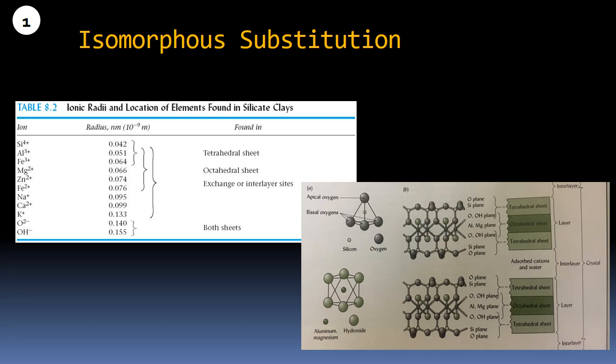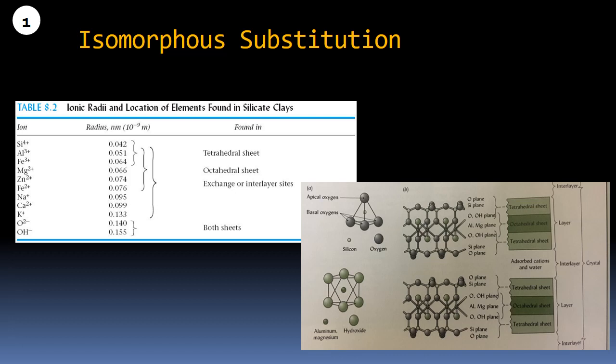Again, I'm emphasizing that if you look at the figure down here, it might happen at the tetrahedron and octahedron levels, but also it can happen at the sheet level and at the layer level. It means there will be a replacement of the central atoms of the tetrahedron at the sheet level, for example, which can result in increasing the negative charges.